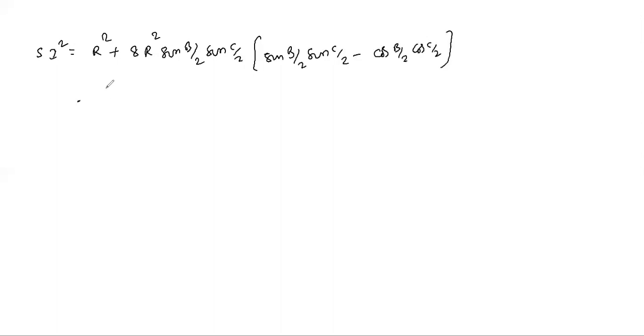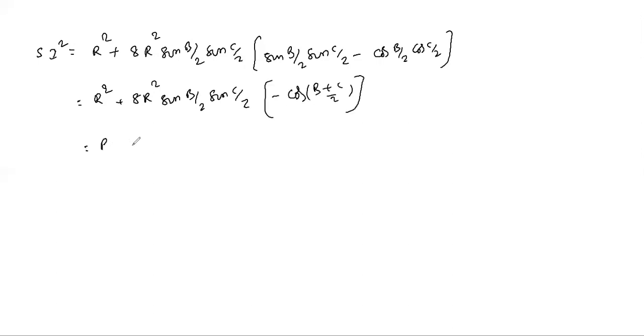So this equals R square plus 8R square sine B by 2 sine C by 2 into, if you take minus common, cos A cos B minus sin A sin B, so cos of B plus C by 2, but minus. So R square minus 8R square sine B by 2 sine C by 2 cos of B plus C by 2, which is nothing but sine A by 2. So this is SI square, and you can take R square common.